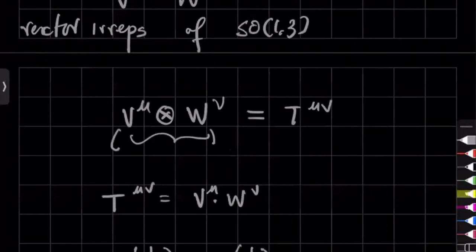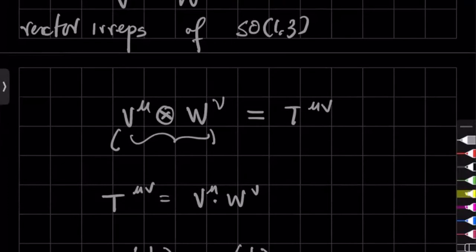Sir, can the tensor product also be represented as square matrices? Can the tensor product result also be represented as a square matrix? Yes, you can. And in fact, we are going to do that in a minute.